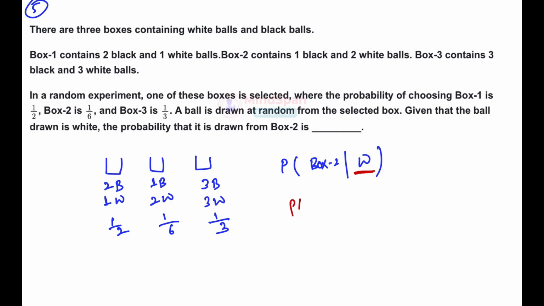So what will be the probability of choosing the white ball? We just need to find the total probability of choosing the white ball. A white ball can be chosen from the first box.